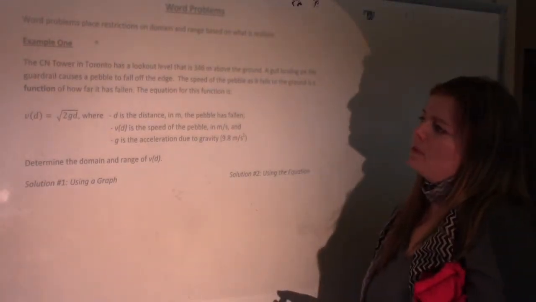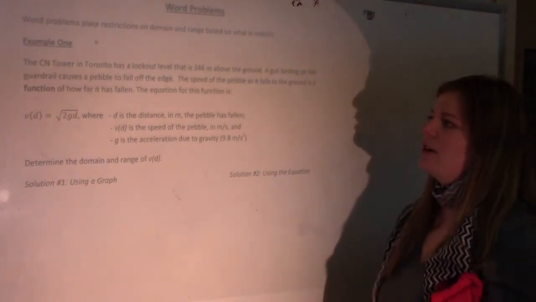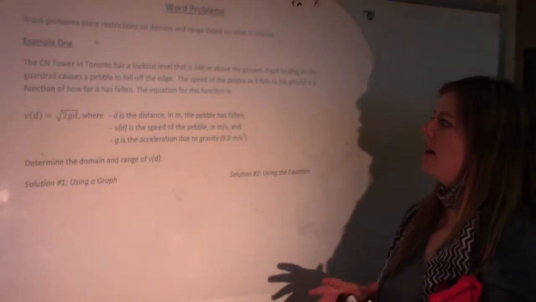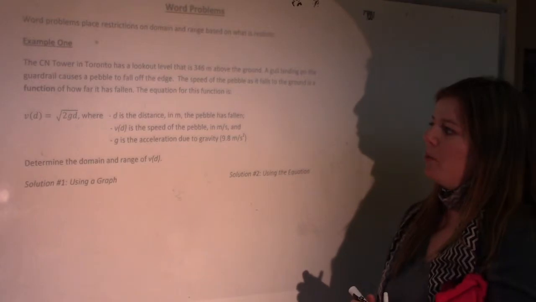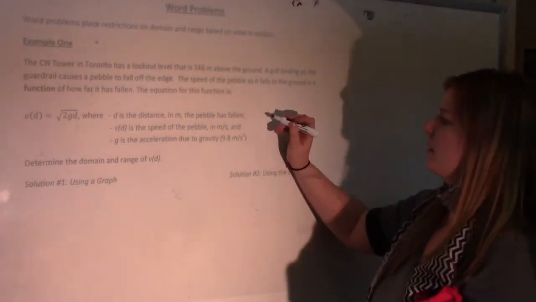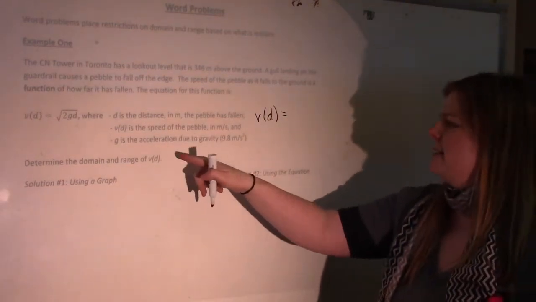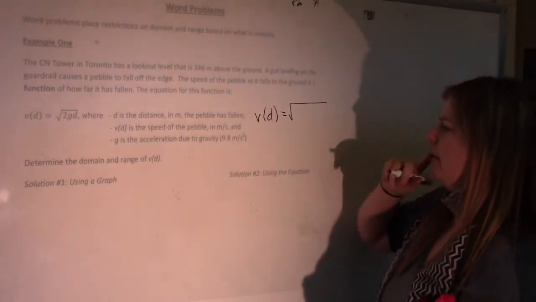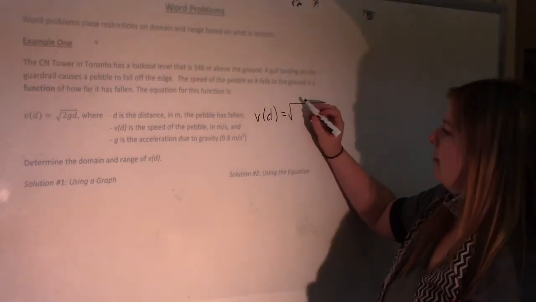So word problems will place restrictions on domain and range based on what's realistic. So for example, if you're looking at this, where you have a pebble falling off the CN Tower, what does that look like? So we have this equation, which once we put in that g is the acceleration due to gravity, it's actually the square root of 2 times 9.8 meters per second.